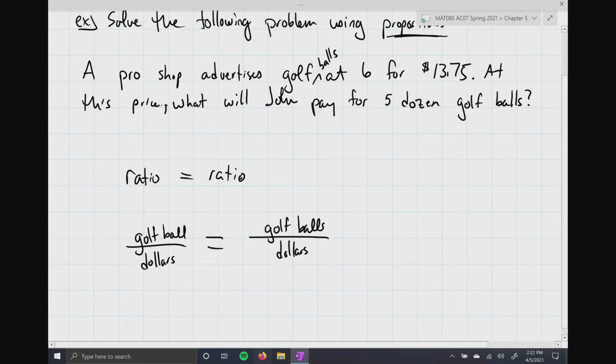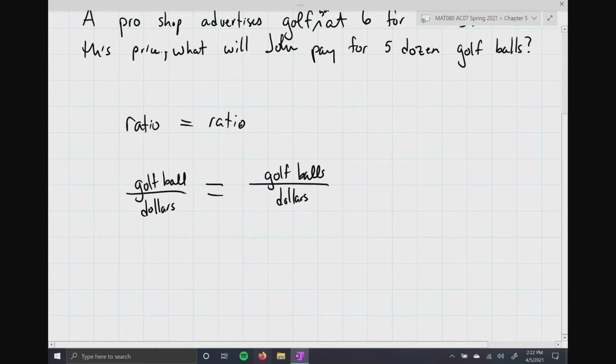Now notice we have two situations here. We have the situation on the left. That's going to be the pro shop. And then we have the situation on the right. That's going to be John. Okay? If you wanted to, you could create a table. You really could.